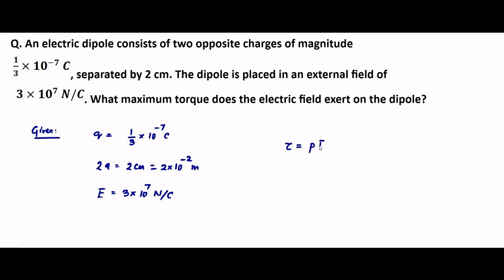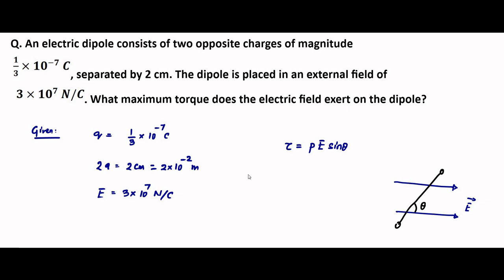Now we know that the torque acting on an electric dipole in an electric field is equal to P E sine theta, where suppose this is the electric field and this is the dipole, and it makes an angle theta with respect to the electric field, the dipole axis. This is the value of torque.